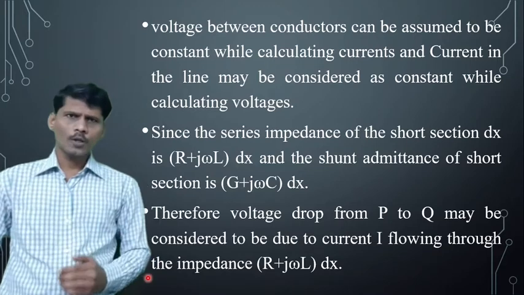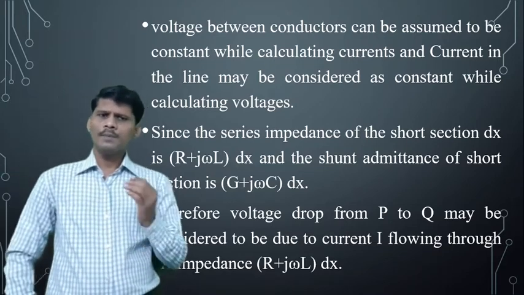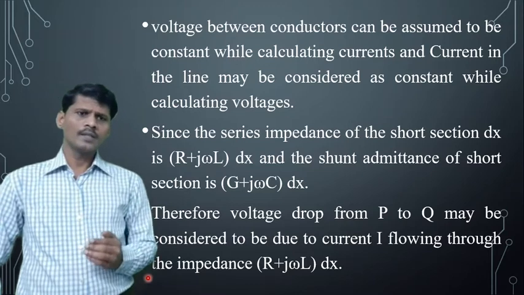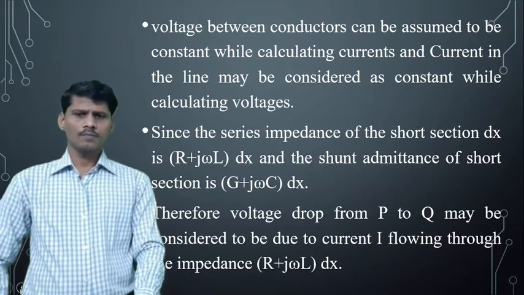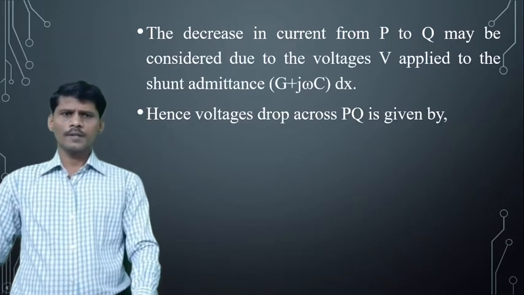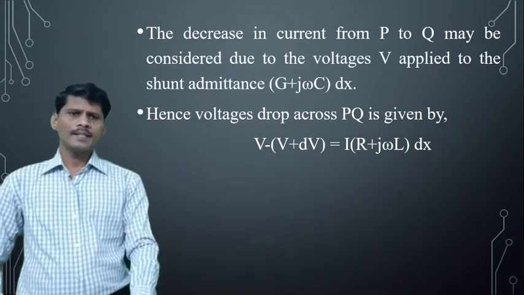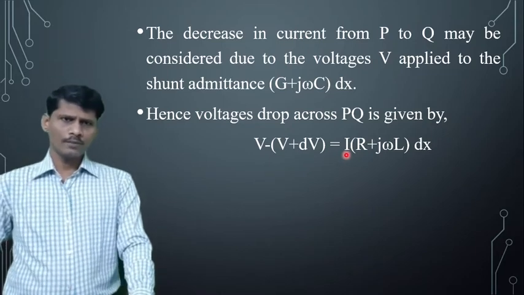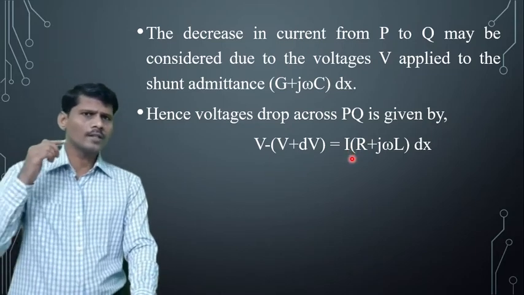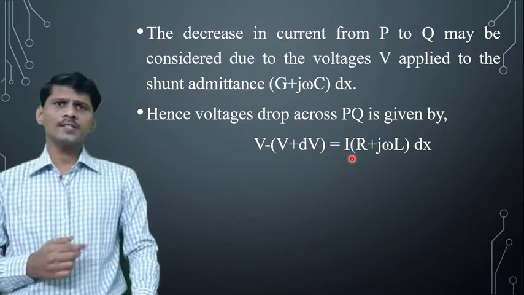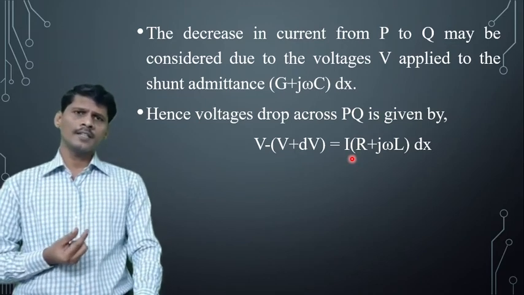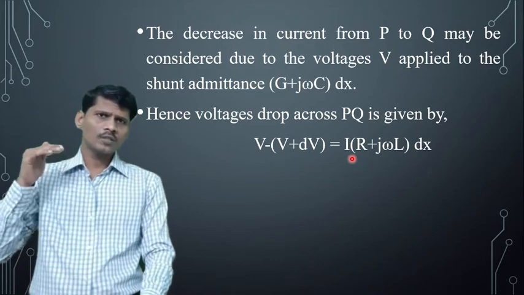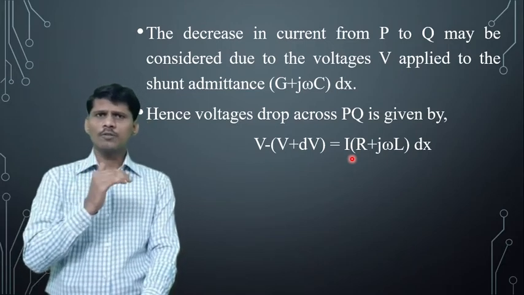Therefore, the voltage drop from point P to point Q is the current I flowing through the series impedance. The voltage drop across PQ is given by V minus (V plus dV) equals the current I flowing through the series impedance, R plus j omega L, into dx.